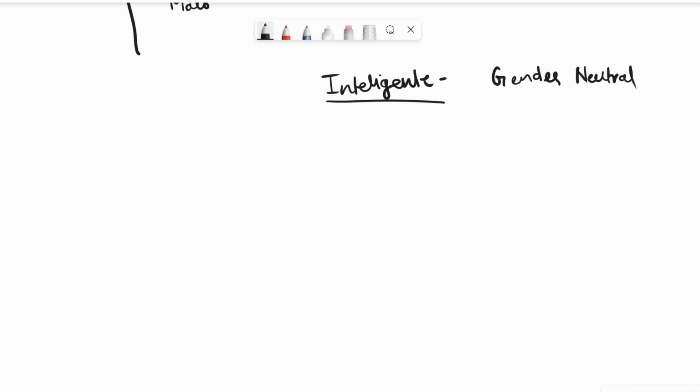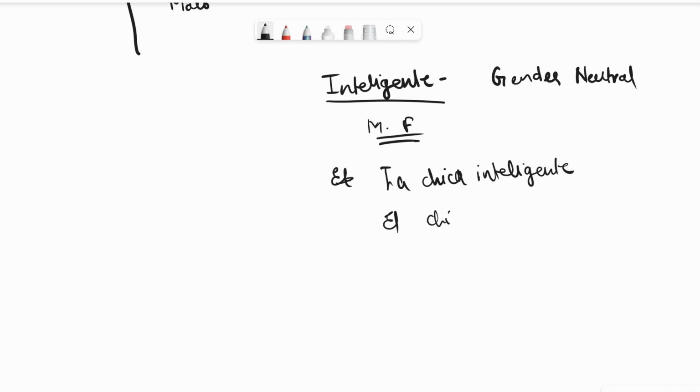Unisex. That means same for both masculine and feminine nouns. Don't need to change them. So if I want to say the intelligent girl, la chica inteligente. If I wanted to say the intelligent boy, el chico inteligente.